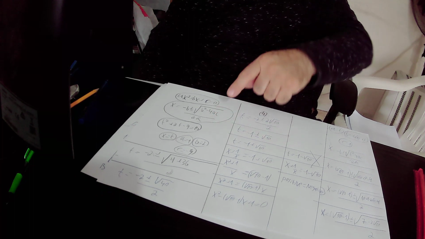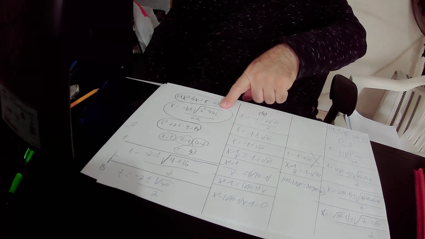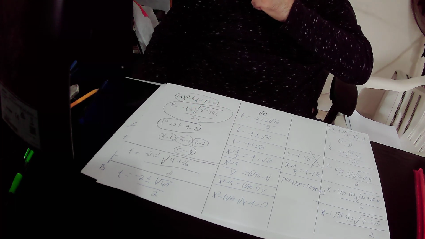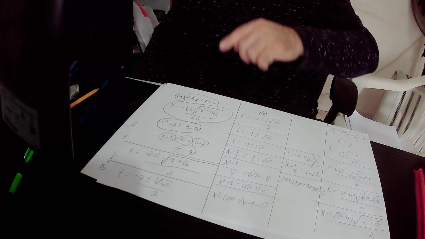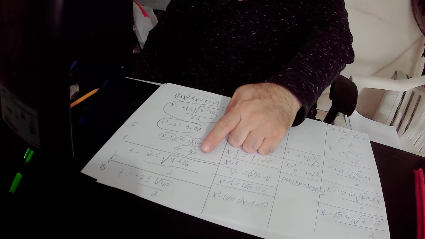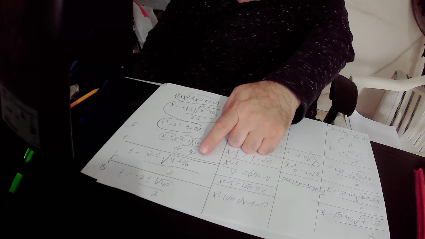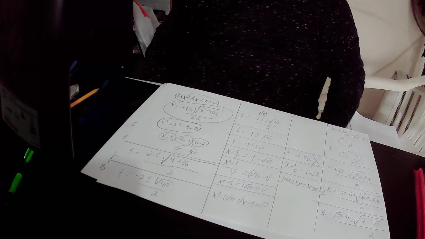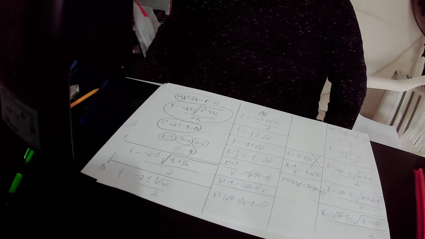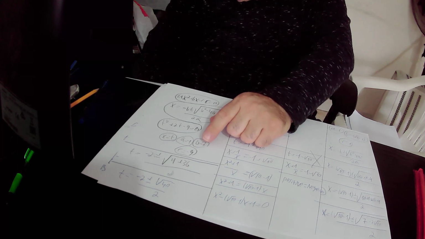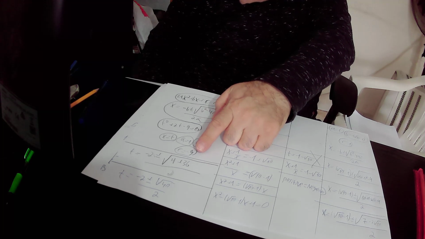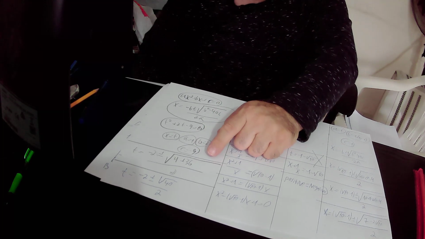So we put the data inside the formula, and we found that t equals minus b. b is 2, so minus b is minus 2, plus or minus the square root of b squared. b is 2, so b squared is 2 squared, which is 4, minus 4 times a times c. Minus 4 times 1 is minus 4, times minus 9 is plus 36, so inside the root we have 4 plus 36, all divided by 2.